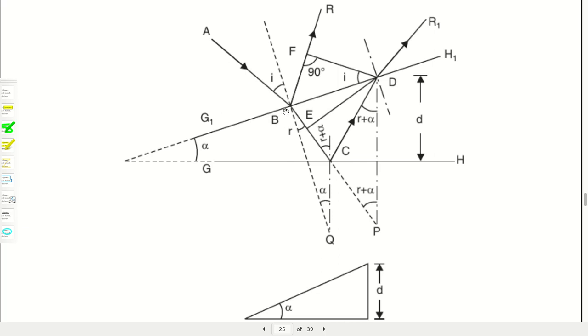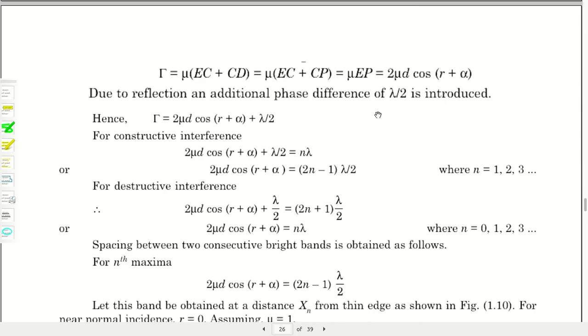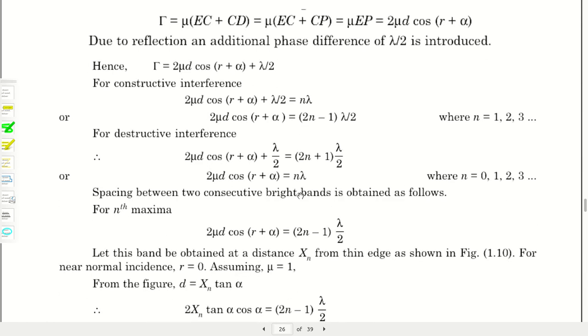So at the point B you get the Stokes reflected ray, that is BR. For this, lambda by 2 path difference is extra added to the optical path difference. So this optical path difference should be equal to n lambda for constructive interference or maxima condition, and the formula will look like this, and for minima the condition will be reversed.